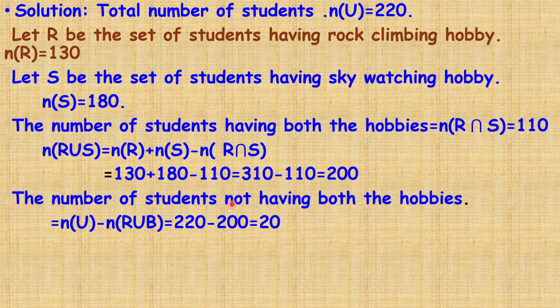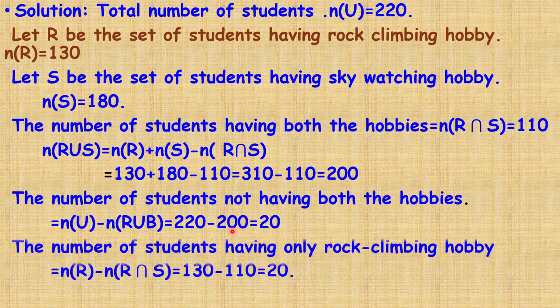Therefore, the number of students having neither hobby is the number of elements in the universal set minus the number of elements in R union S, which is 220 minus 200, equal to 20. Thus, 20 students have neither hobby.